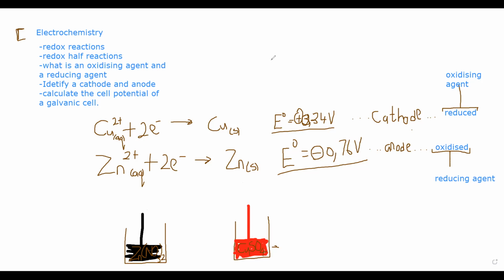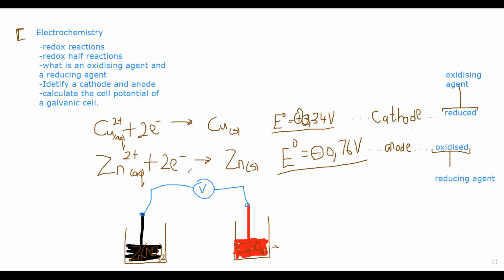Which line can I use to draw a wire? So we're gonna have one wire connected here and another one connected here. And here is gonna be our voltmeter.